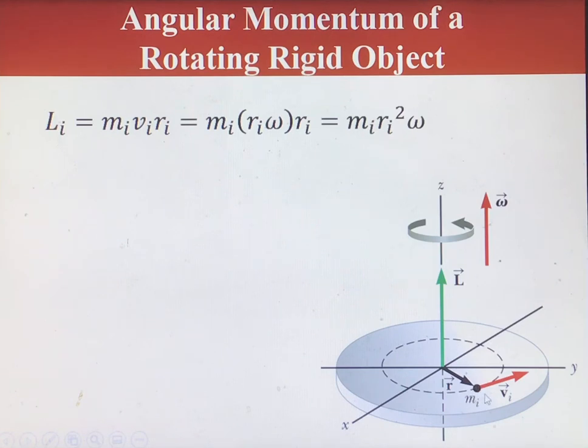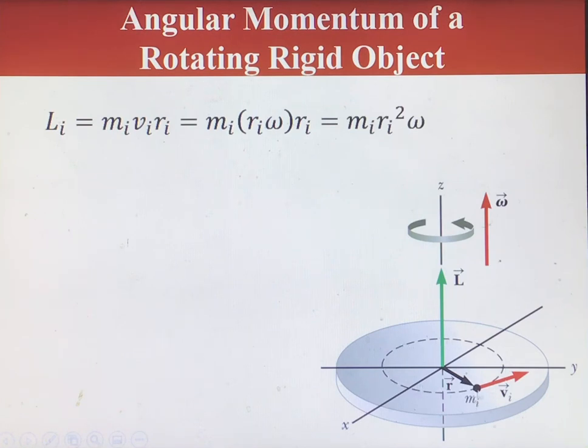Then I can calculate the angular momentum from each of these masses, and then I simply sum the contributions from all the masses.